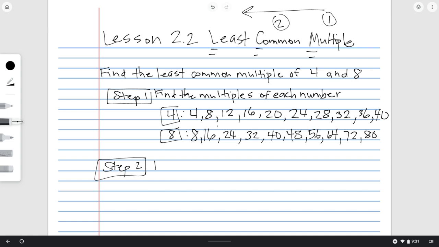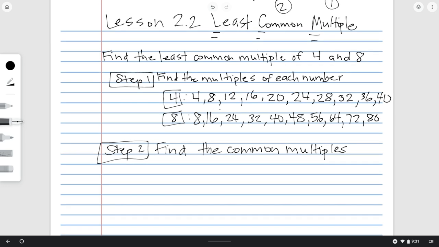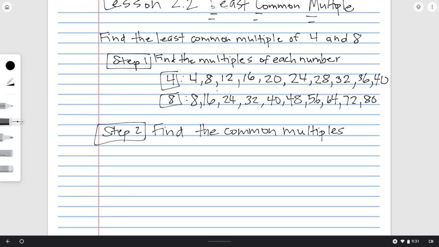So find the common multiples. That's your next step. So you can do this on your paper if you just do it at the top, but what I'm going to do is I'm going to rewrite them just so that you guys can see. You don't have to rewrite them. You could just sit there and circle, but I want to just put it lower just so that you can see it.